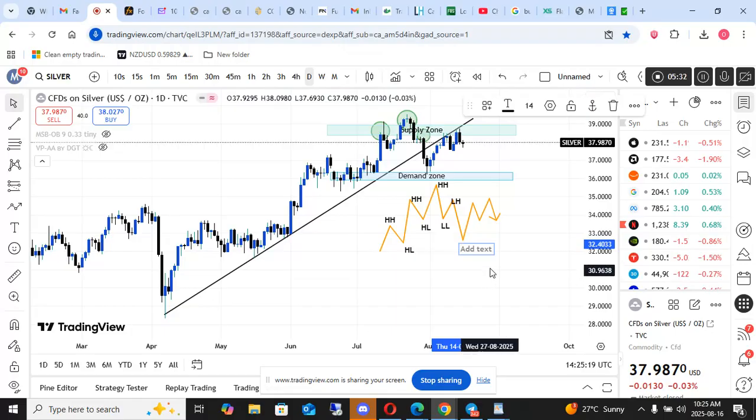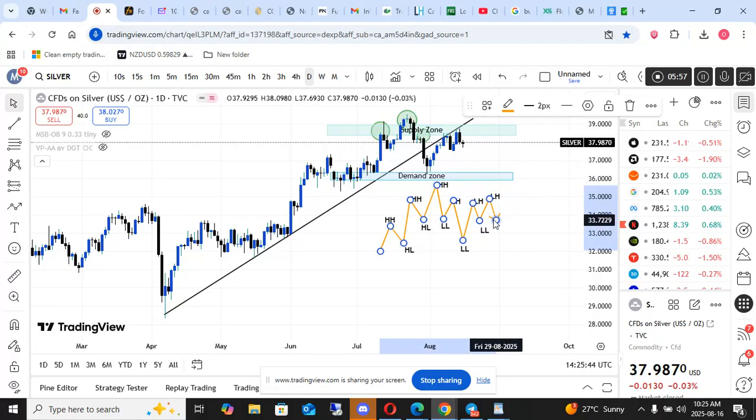So it's gonna be a lower low here, lower high, lower low, lower high. This thing here is a double top, and that is why it's a lower high. This is what the market is literally doing at the moment.